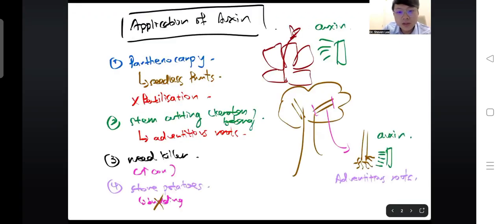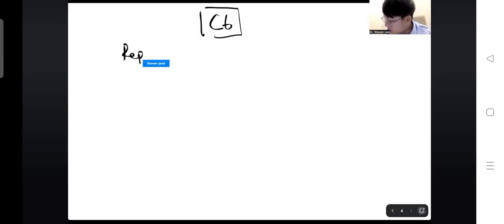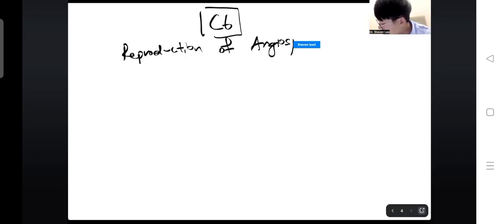Okay, so this one is just as we have already explained. So chapter 6 is basically talking about pembiakan, reproduction of angiosperms.